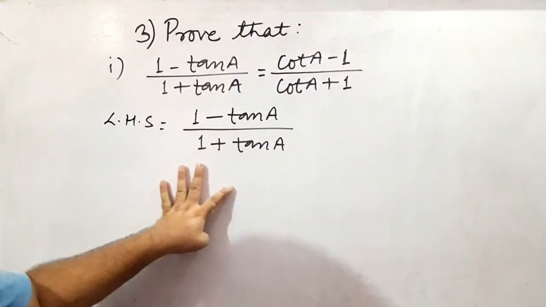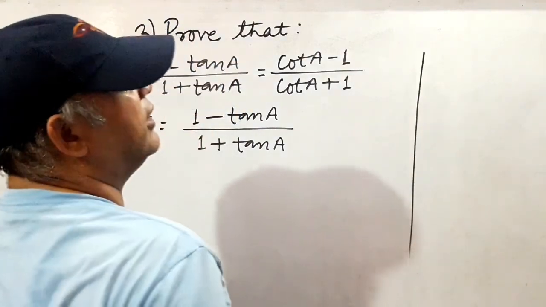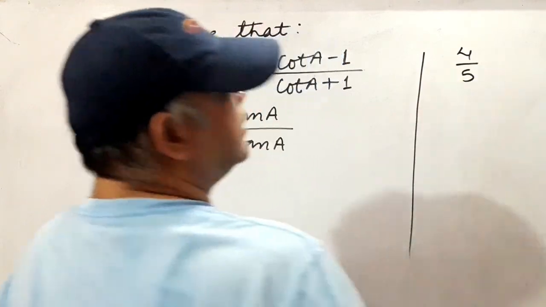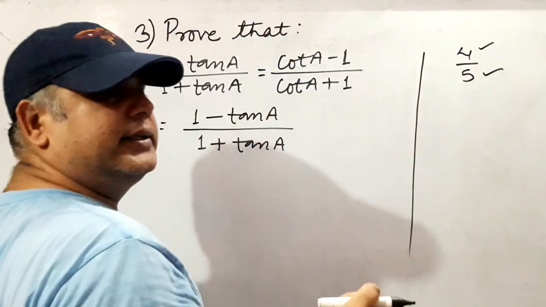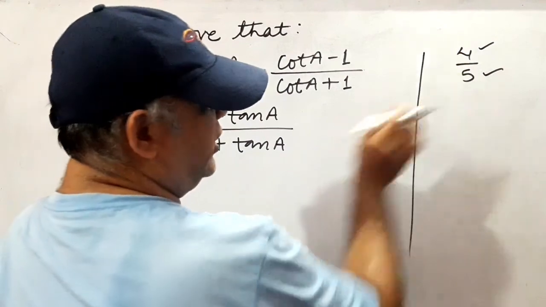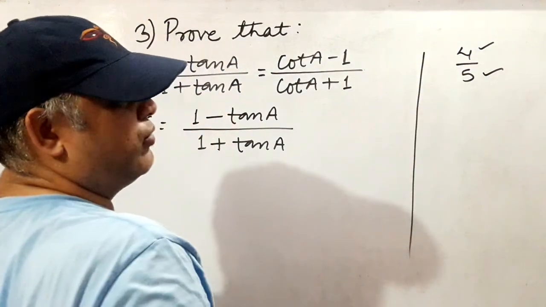Now let's prove this identity in another way. But before proving, I want to make one thing clear. Suppose we are given a fraction 4 by 5. Then we can divide the numerator and denominator by any integer we like except 0. If we divide by 0, then the term would be undefined. So we can divide the numerator and denominator by any integer we like.